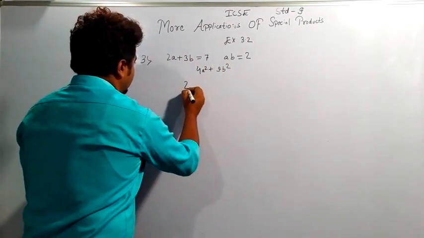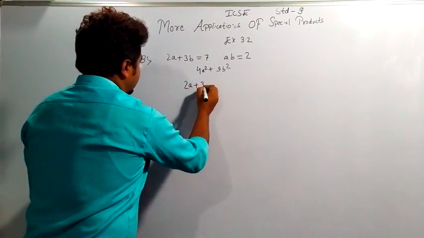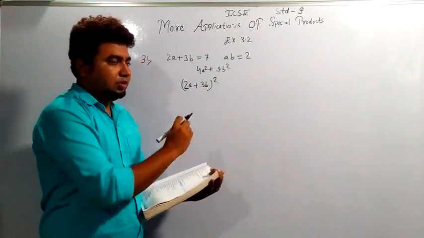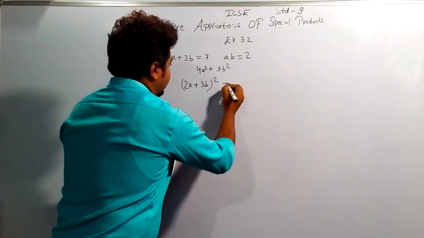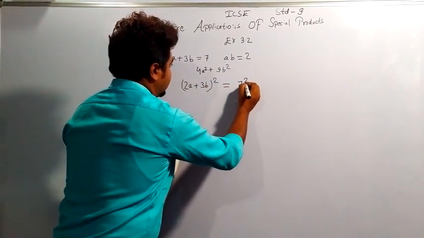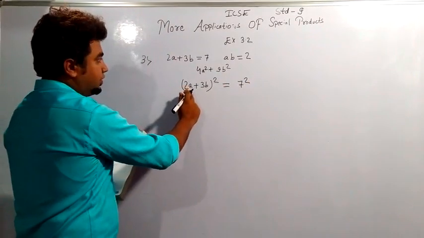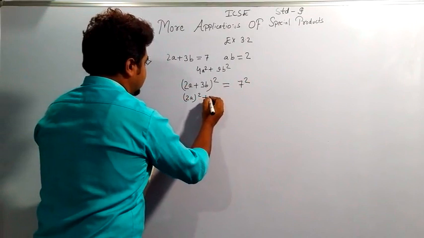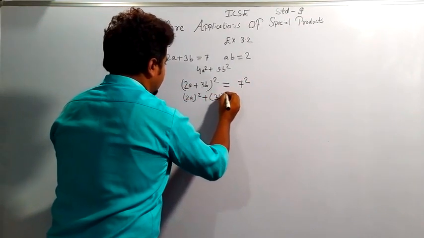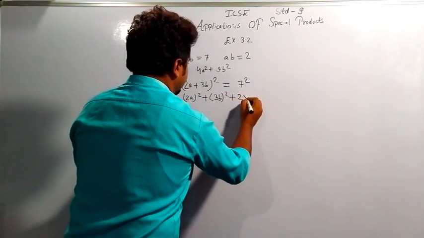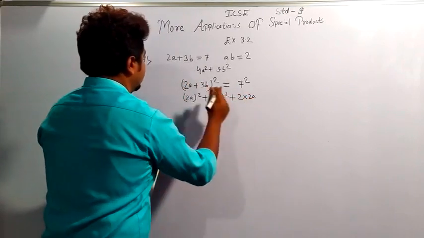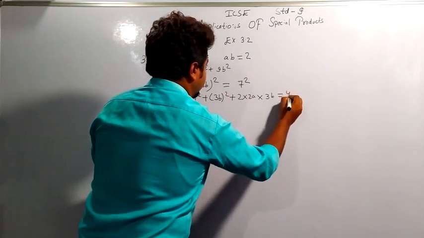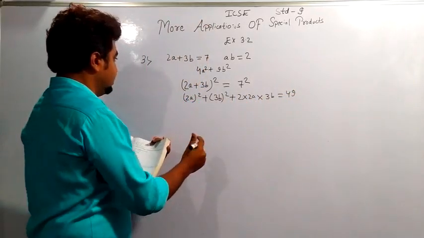So we will be applying here 2a plus 3b whole square. If I am squaring the left side, then we have to square the right side also. It will become 7 square. So 2a whole square plus 3b whole square plus 2 into 2a into 3b equal to 49. 7 square is 49.